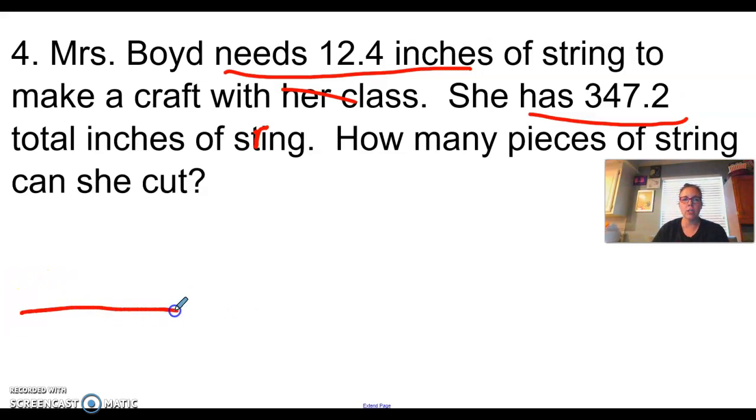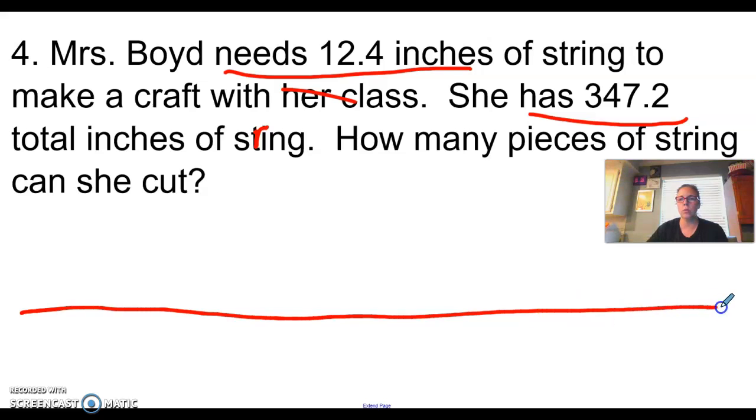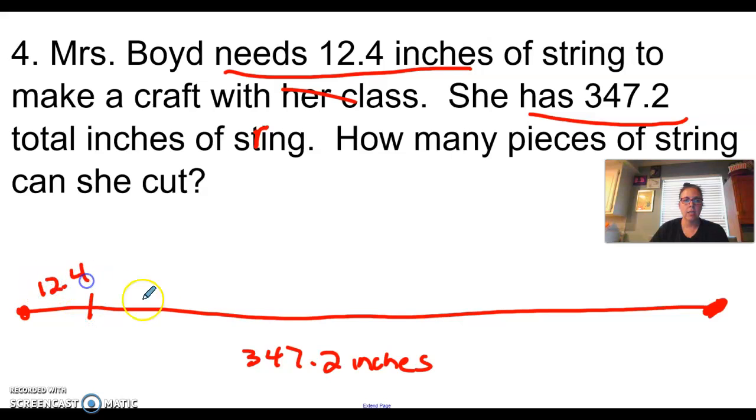So I have this string. Okay. The total length is 347.2 inches. And I need 12.4 inches. I need all these different 12.4 inches.